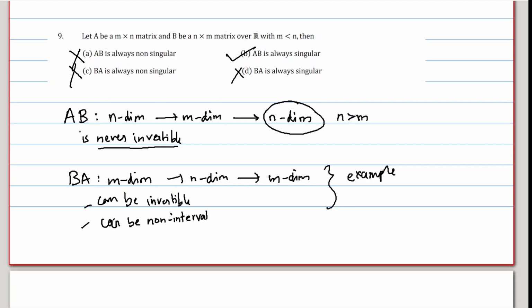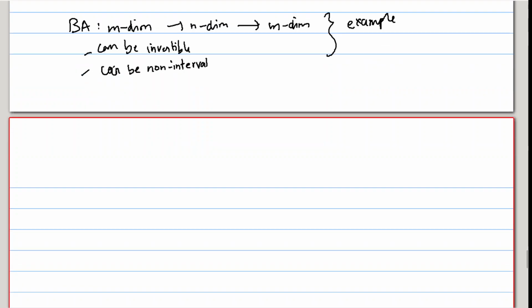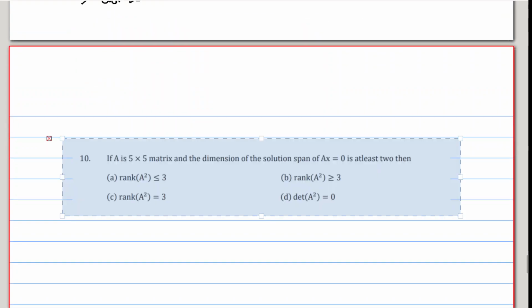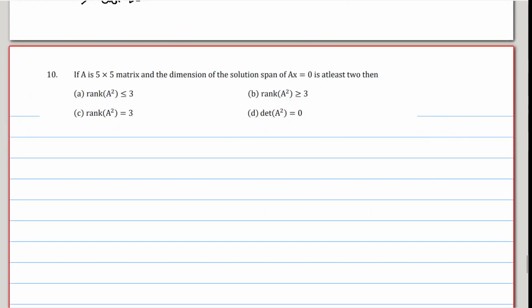A and D, yes, I have seen that. Sometimes in MSQ questions, should we tick option C also? No, option C is not correct.